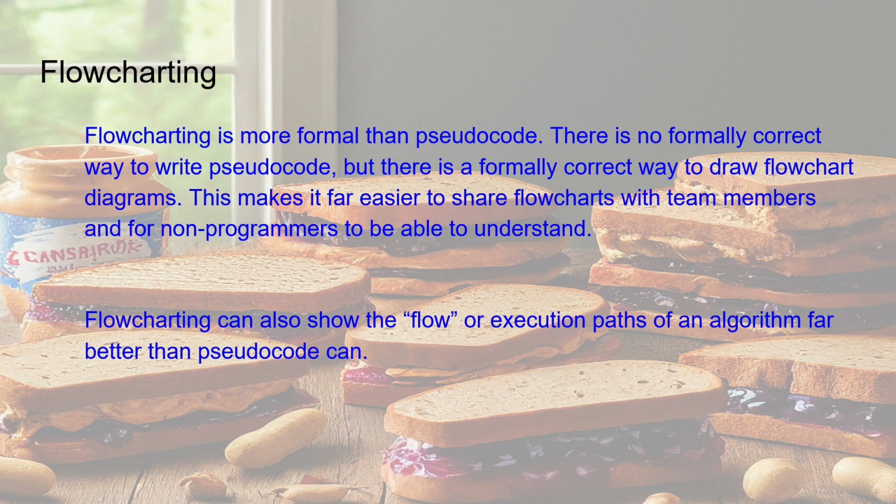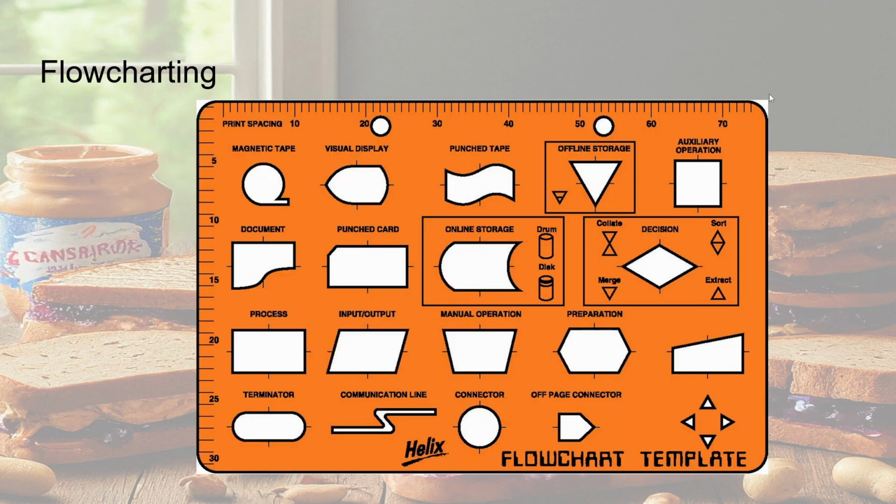There is most definitely a correct way to draw flowcharts, as we can see from this template diagram here. Now, some of the template items that we have are a bit antiquated, shall we say. You might think the magnetic tape is antiquated, but no, it's still used for very good reason.